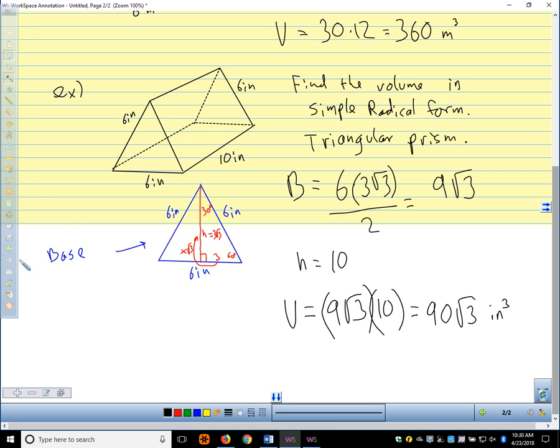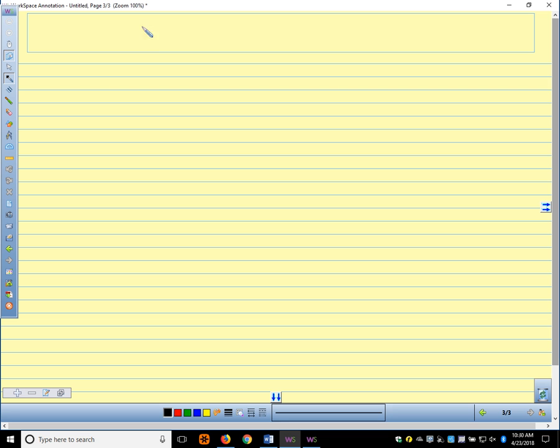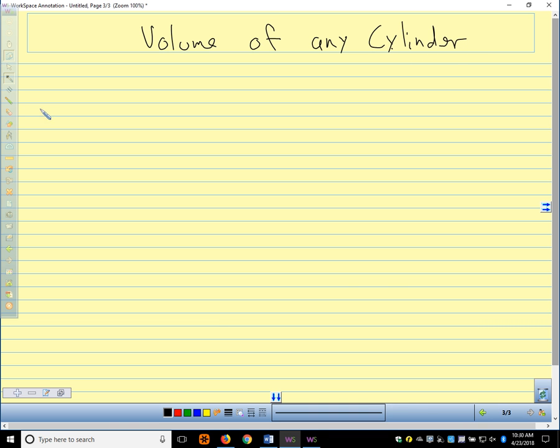Okay, let's talk about cylinders. Volume of any cylinder. Cavalieri's principle works on cylinders also.